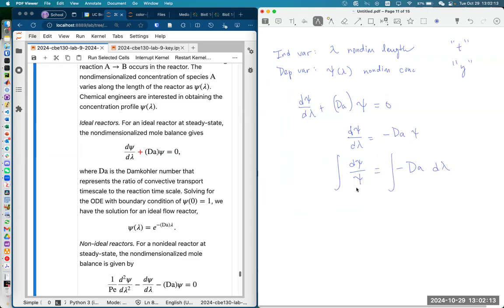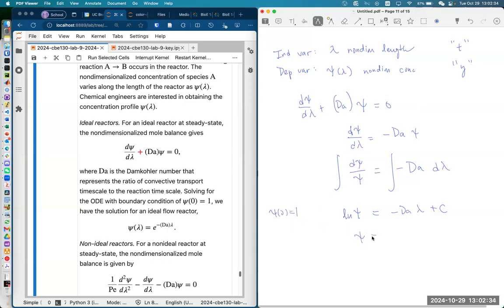And one trick I'll give is that usually you just solve it indefinitely. So you have natural log of psi equals minus DA lambda plus C, right? And then you substitute the initial condition, psi of 0 is equal to 1.